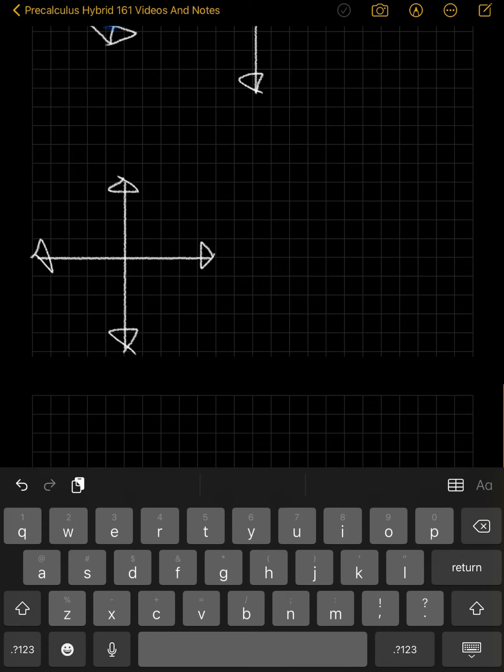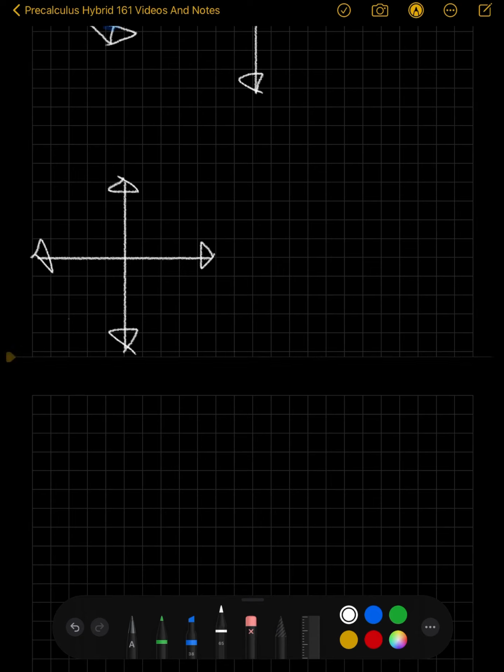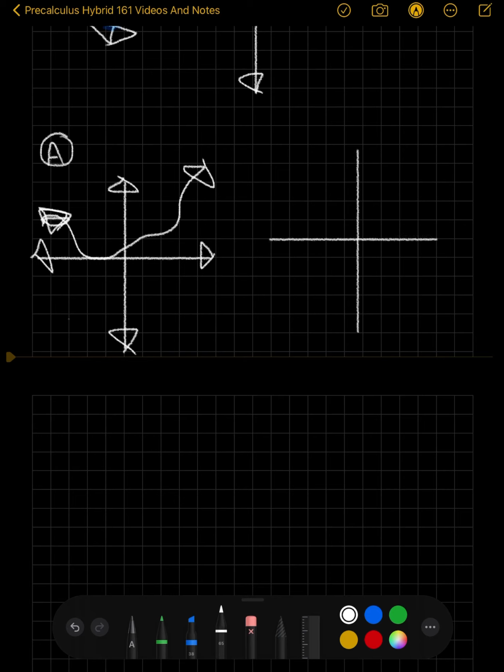So we'll start here with this one. I tried to copy and paste to save myself a little bit of time, but that didn't work out. So we'll start with one here. We'll call this graph A, and this is what graph A looks like. That's graph A. We'll do graph B right here, and this is what graph B looks like.